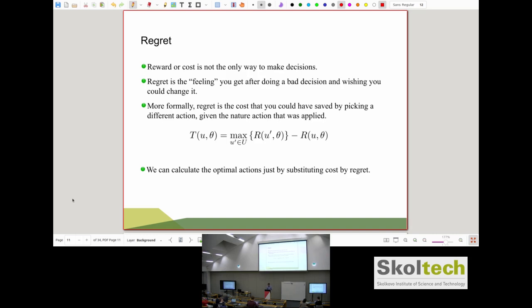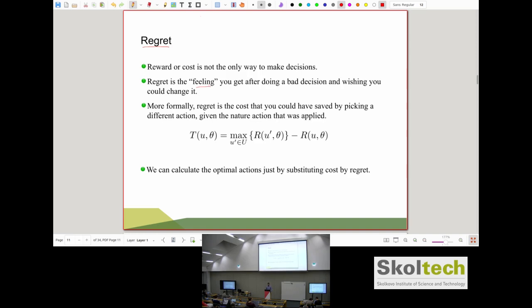Right? Okay, another concept that people use, instead of just talking about cost, is regret. So what is regret? Informally defining it, it's this feeling of you not taking the most optimal decision. It's kind of this gap between the best optimal decision you could ever take and whatever you did.